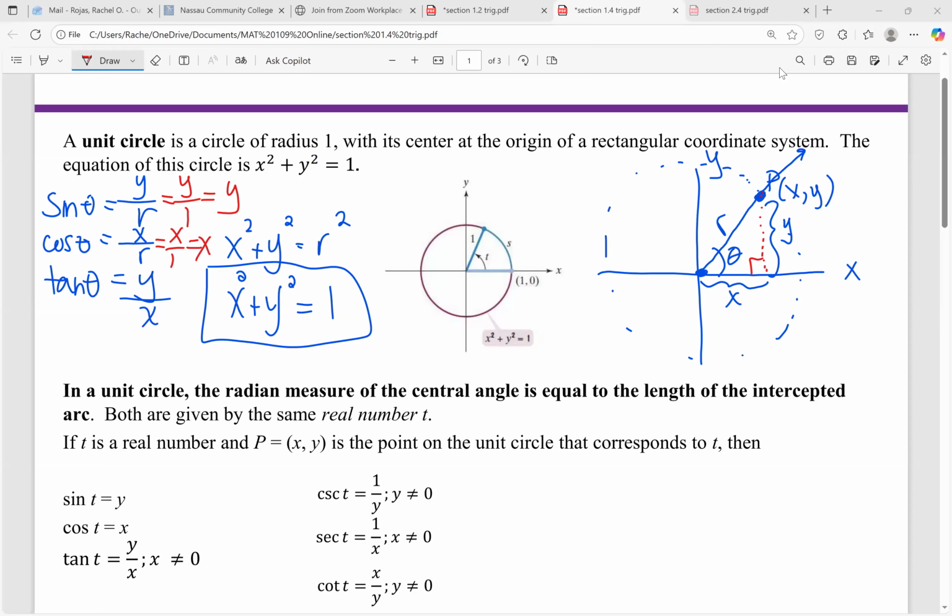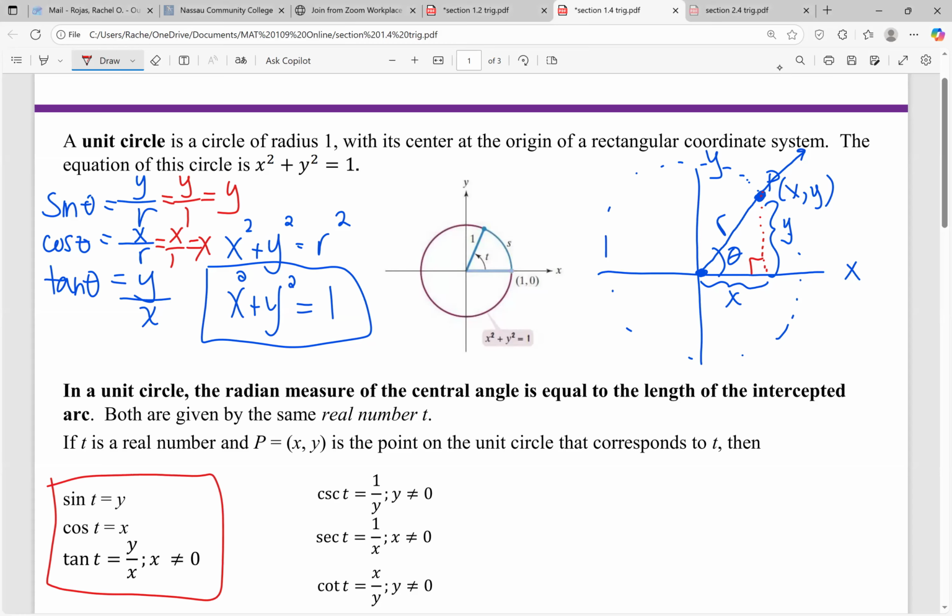And tan theta equals y over x. But since r isn't part of that ratio, it's going to stay the same, y over x. And that's what we have down here.